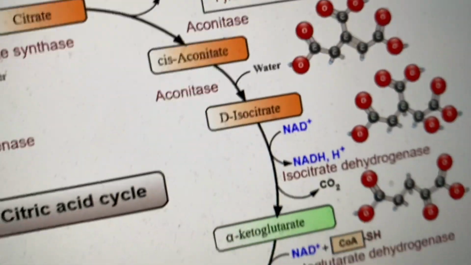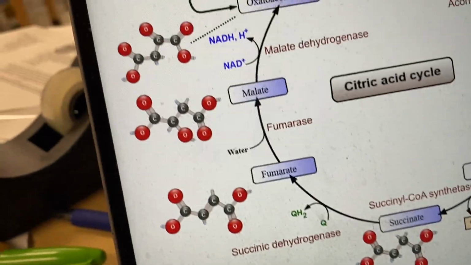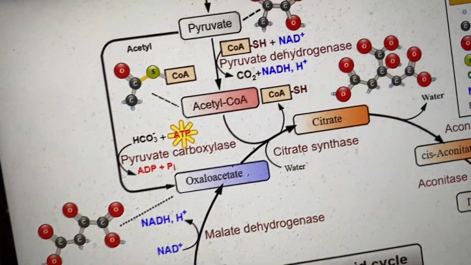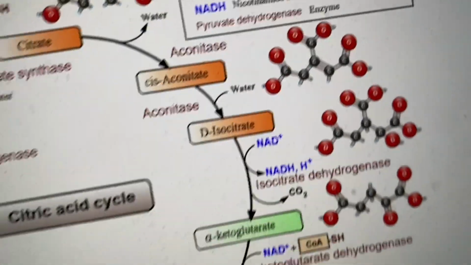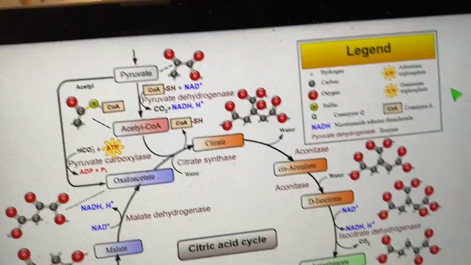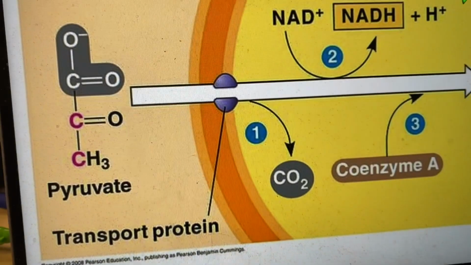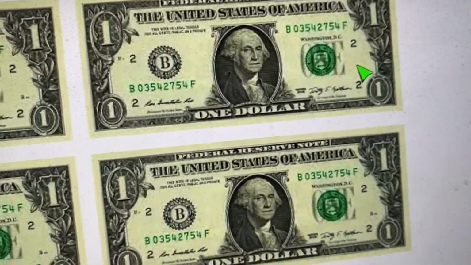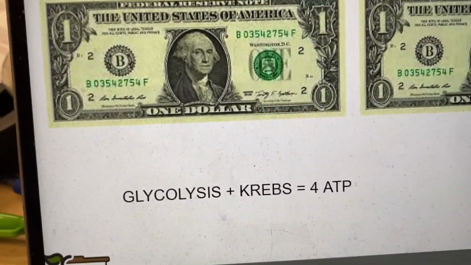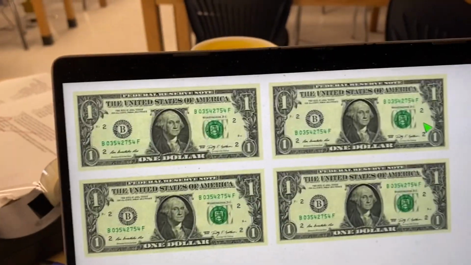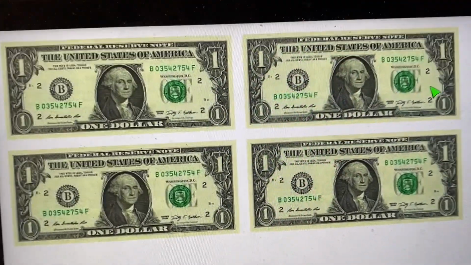It's a cycle, so it goes through all these little phases. As I mentioned yesterday, if you were in accelerated or AP biology, you'd need to know all the different steps. But right now, you just need to know that this is called the Krebs cycle, or sometimes the citric acid cycle, and it makes $2 more of ATP. So glycolysis and Krebs make 4 ATPs, $4.